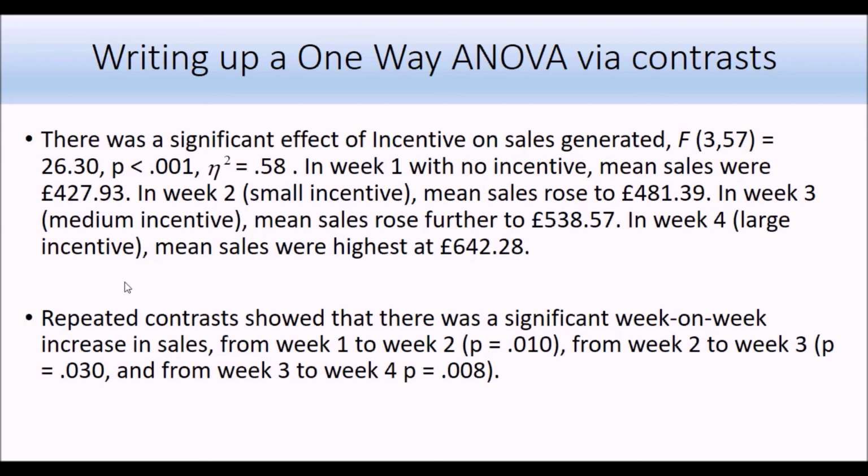So the contrasts not only sometimes give you an increased power in terms of ability to detect significant effects, the interpretation is also simplified here, and it's getting to the point of exactly what we want to extract from this data. But as I said, you would only want to use contrasts when you've got a strong theoretical basis or reason for doing so. If in doubt, use post hoc tests.